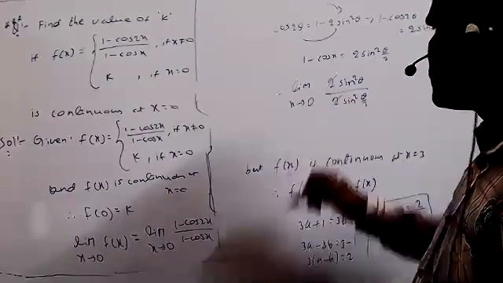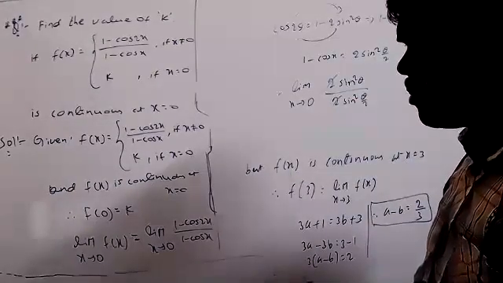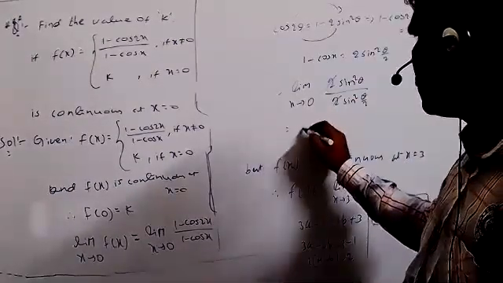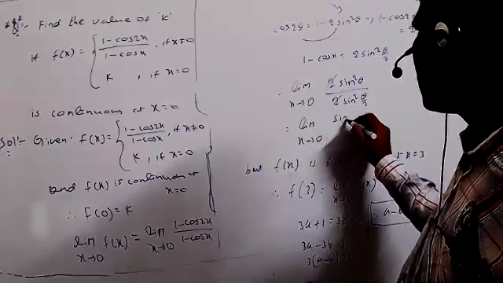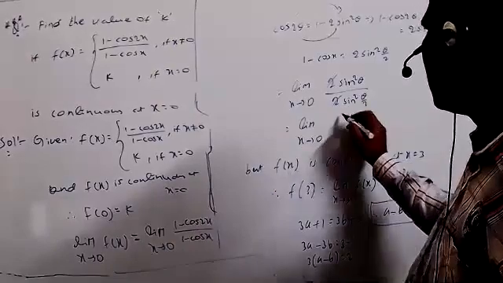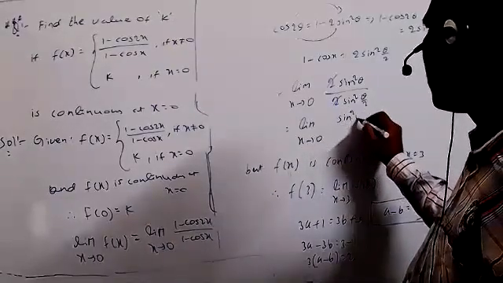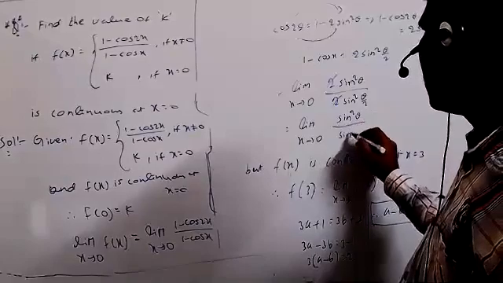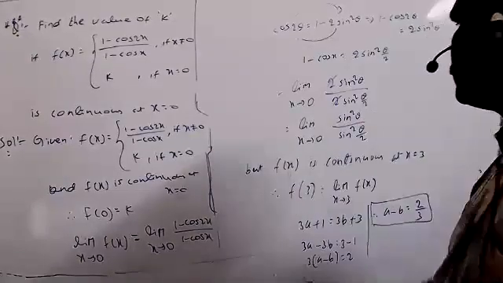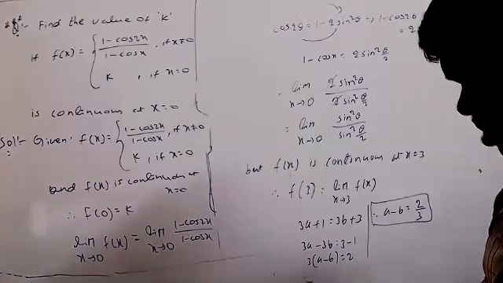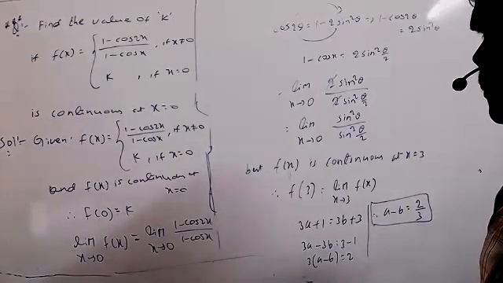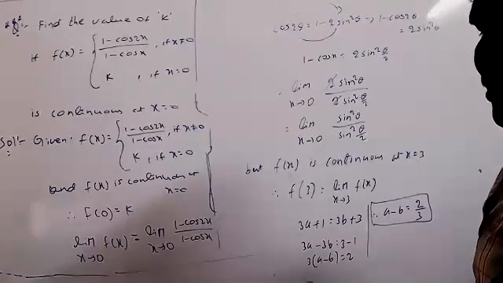Now the 2 will be cancelled. So it is equal to limit x tends to 0 of sin square theta by sin square theta by 2. But this is the theta one, it's not theta by 2.